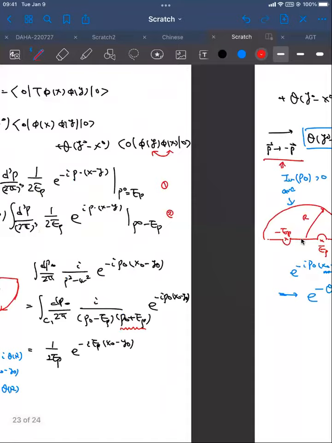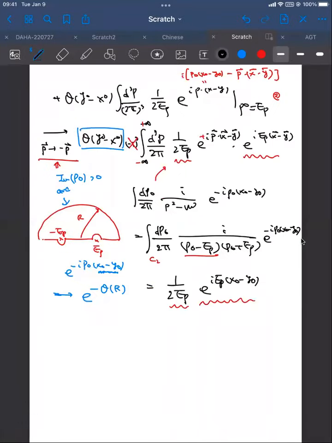At the end of the day, what we get is the Feynman propagator, i over p squared minus m squared, e to the minus i p dot (x minus y). This should be the explanation of why the arc part does not contribute. I hope you understand it.